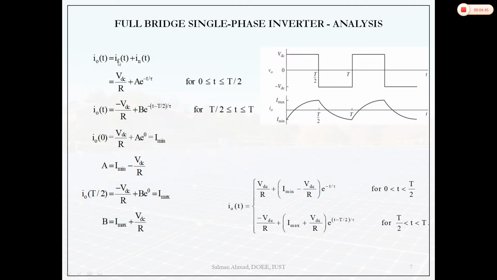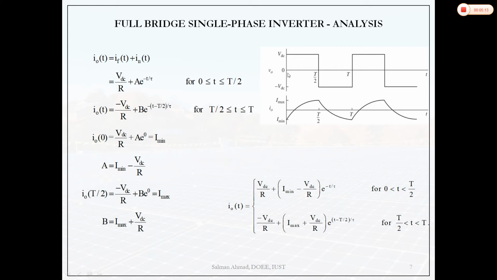So the H bridge inverter works in four different modes, which you can explain with the help of these figures. Now if you want to calculate the exact value of the output current, we have to do some mathematics. The load current rises from some minimum value to some maximum value whenever positive voltage is applied across the load, then falls from that maximum value to the same minimum value whenever negative voltage is applied.